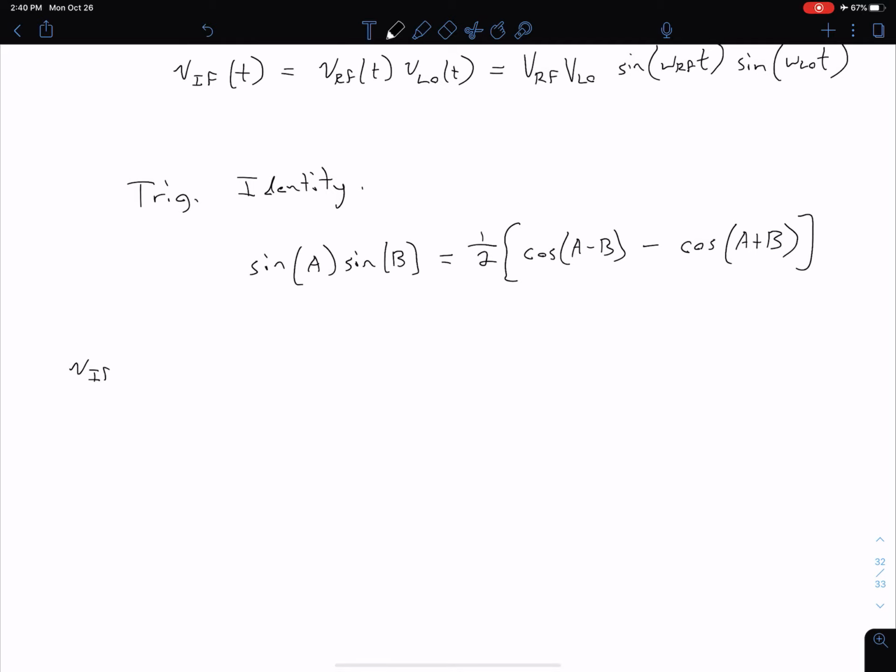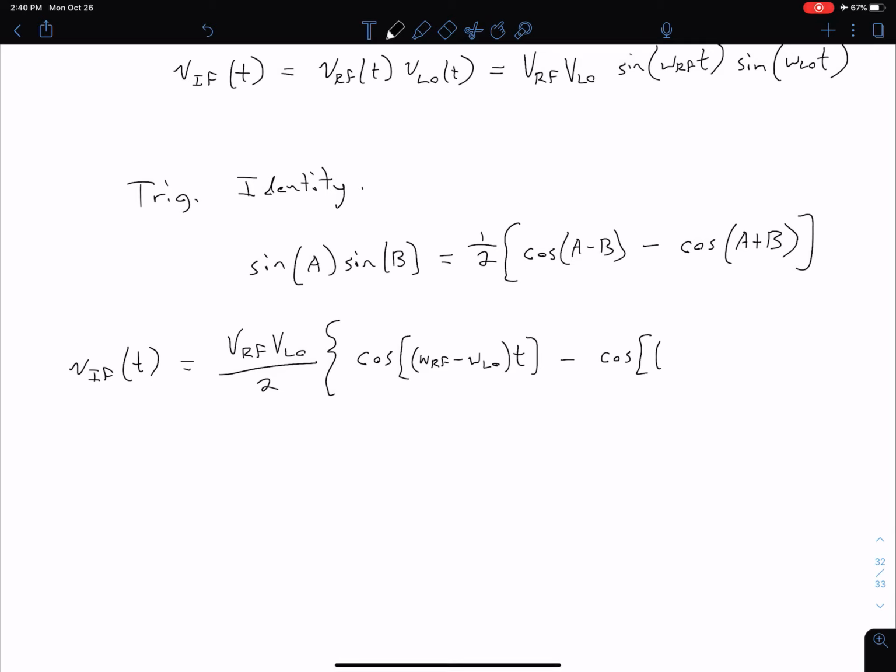We can say that VIF as a function of t is equal to, now our magnitude is going to be divided by 2, so we have magnitudes VRF, VLO divided by 2, and now instead of the two sine terms, we have cosine of the difference of the two frequencies, omega RF minus omega LO, times t, and then we're subtracting cosine of the sum of the two frequencies, omega RF plus omega LO, times t.